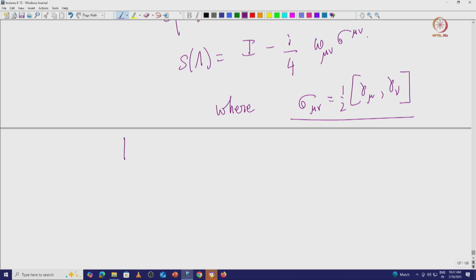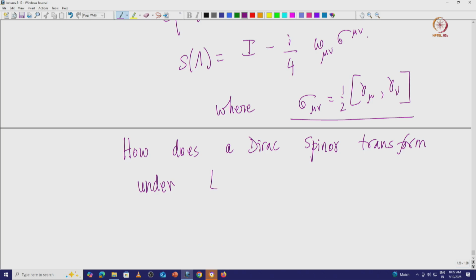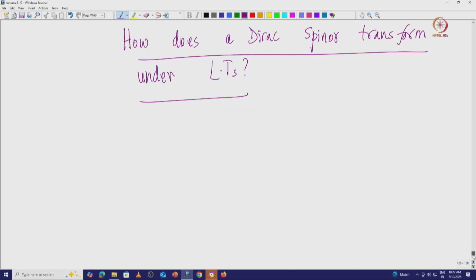So how does a Dirac spinor transform under Lorentz transformations, LT?